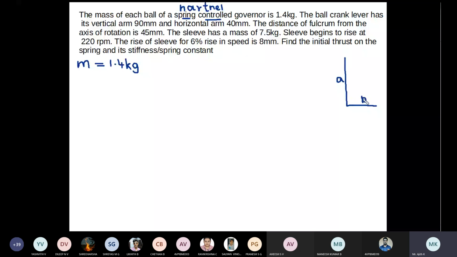This vertical arm is also known as ball arm, and the horizontal arm is also known as sleeve arm, and both are given. Length of vertical arm is 90 mm. We'll convert that into meter, you will get 0.09 meter. And length of horizontal arm, that means B value, is 0.04 meter.